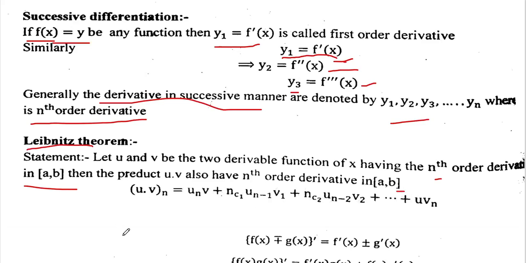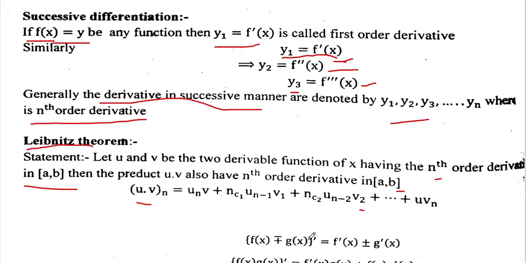Okay, so the nth order derivative of the product of u and v, because u and v are two variables, is: uv nth derivative equal to u n into v, that is the nth derivative of the first function into the second function, plus nc1 u n minus 1 derivative into v1 derivative, then plus nc2 u n minus 2 v2, plus and so on, the last term is u vn.